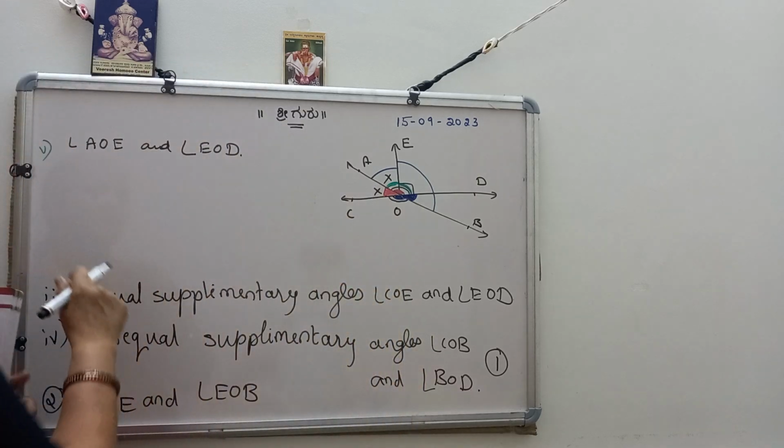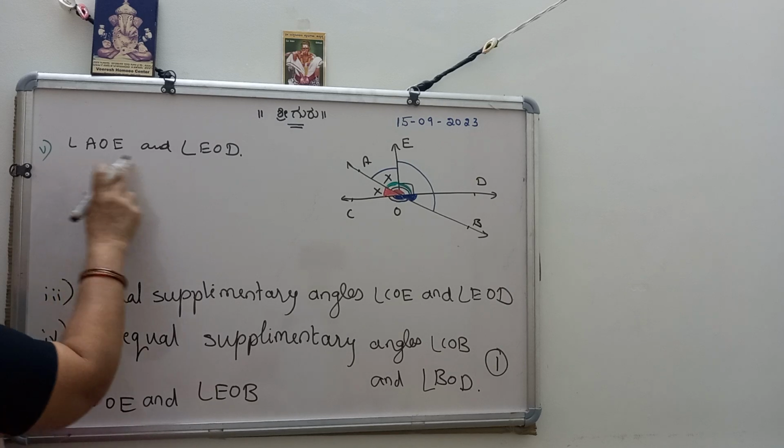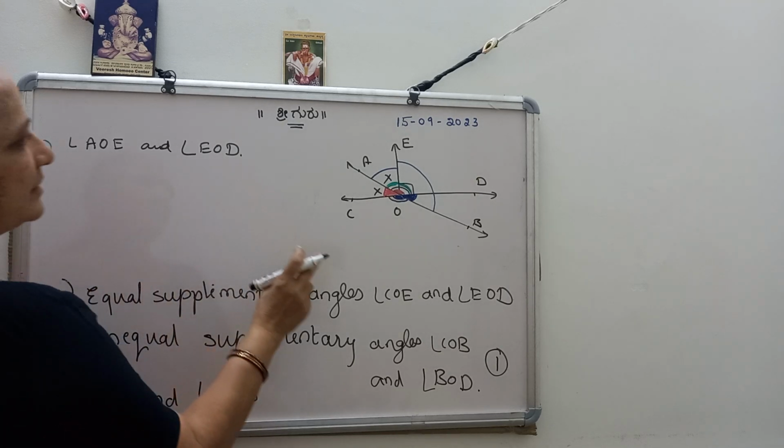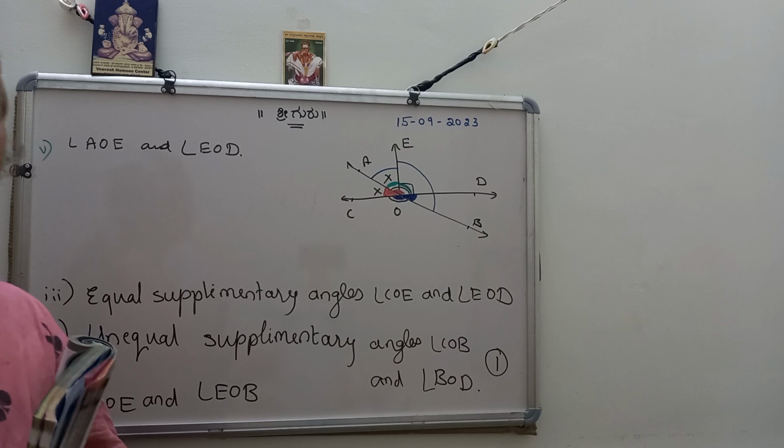I think this is the only one pair. Angle AOE and angle EOD are adjacent angles and they do not make a linear pair because their sum is not equal to 180 degrees.